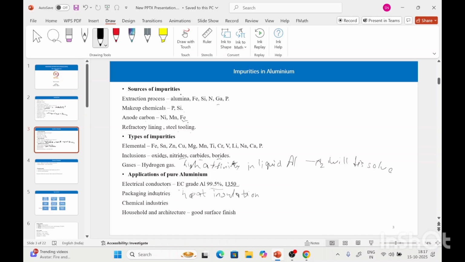It is also used in chemical industries, in household and architecture, because parts of pure aluminum and aluminum alloys have good surface finish.